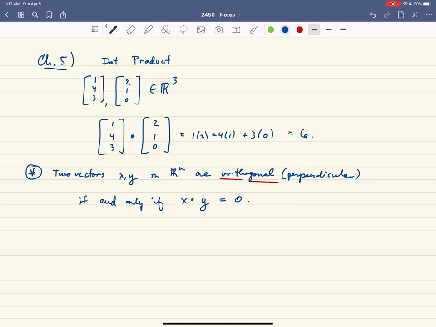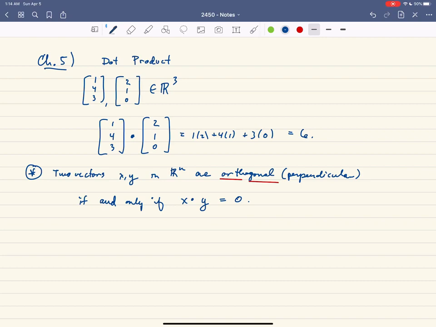And the dot product in R3 is used a lot. There's many things that you use the dot product for. So you can use the dot product when you're trying to figure out, say I have a vector and I want to figure out, is another vector orthogonal to it? What's the plane that's orthogonal to it? What are tangent planes?